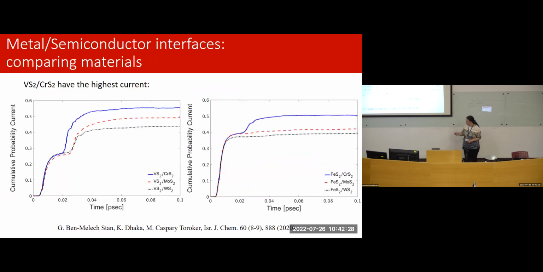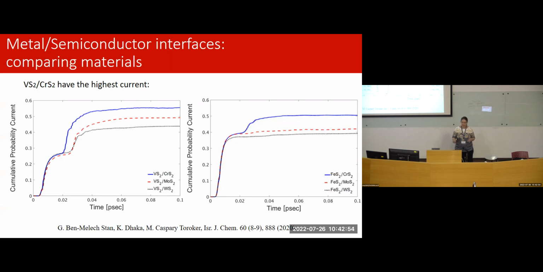And here are the results, the transmission probability as a function of time for the different interfaces. On the left, it's with a metal vanadium disulfide, and on the right, it's a metal that is iron disulfide. The reason for selecting these is that they will have the same structure as the semiconductor, molybdenum disulfide, for example.